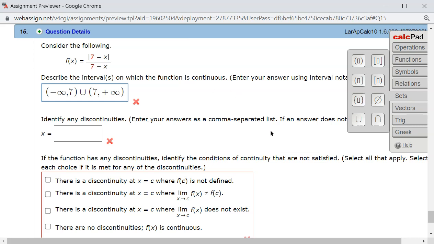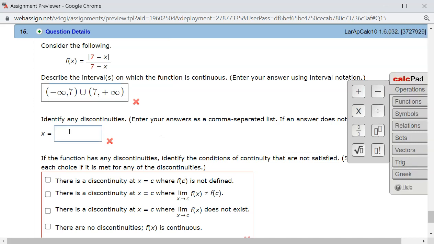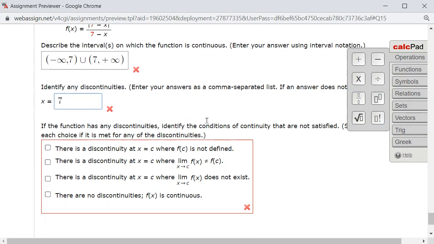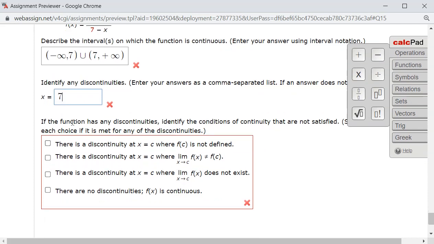Next question is identify any discontinuities. The discontinuity is going to be at 7 because we have a jump discontinuity there. Last question: if the function has any discontinuity, which it does, identify the condition of continuity that is not satisfied.